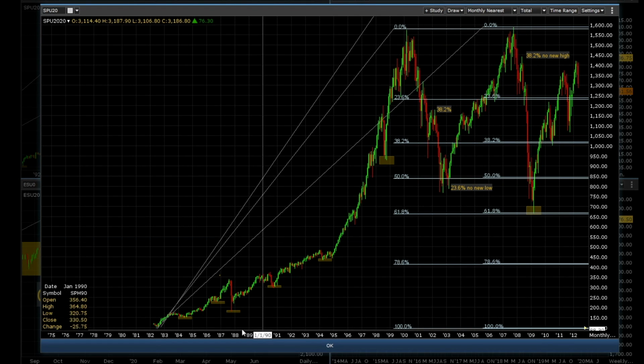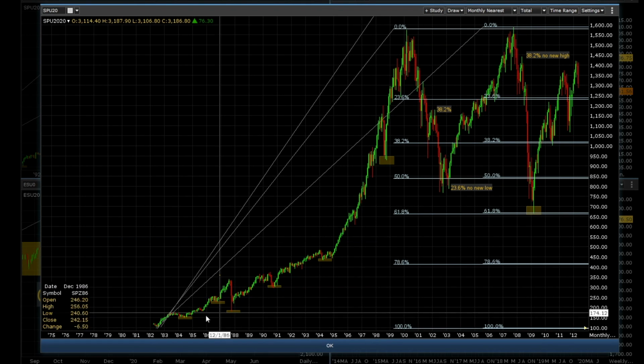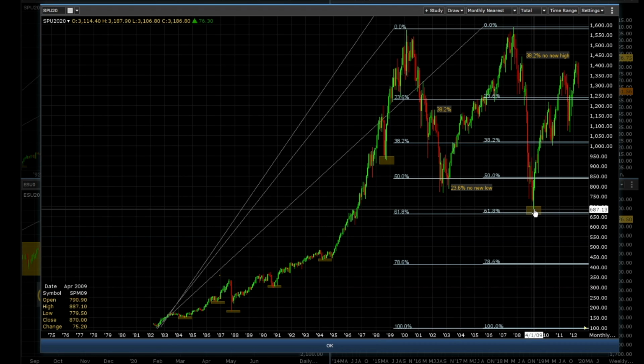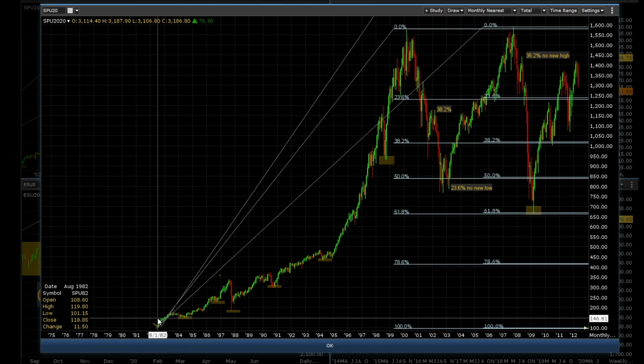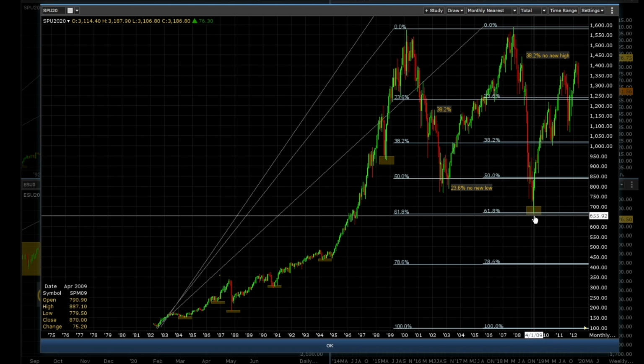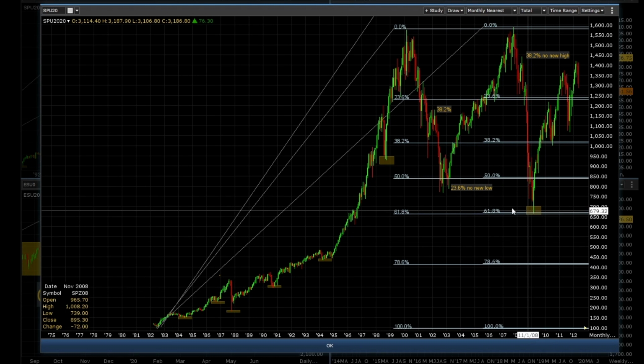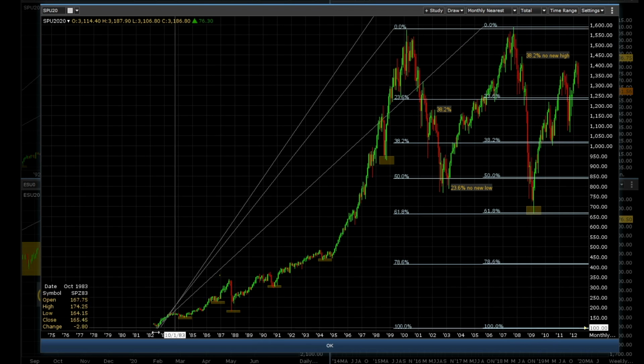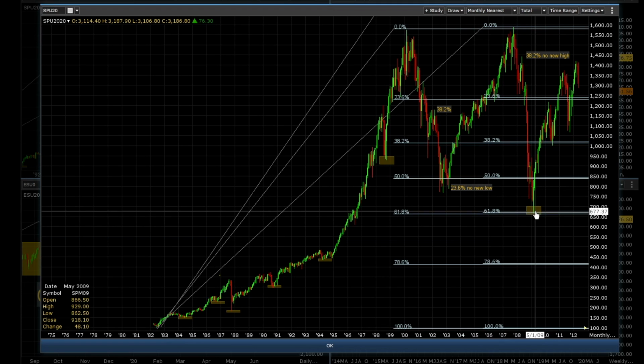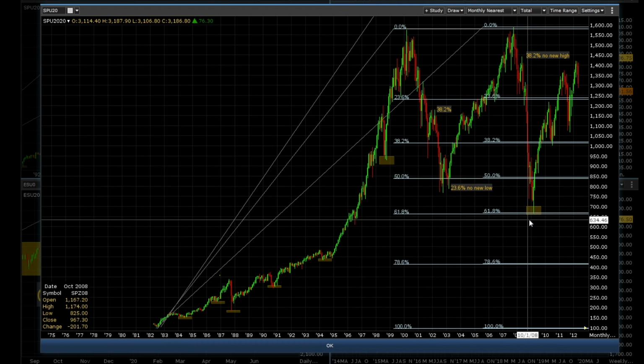And this is why it's so important to have the history on this thing. At this time, you're going back to 1982 on it, but it matters because that was the all-time high, that was the all-time low. The crash low in 2009 went 61.8% back.